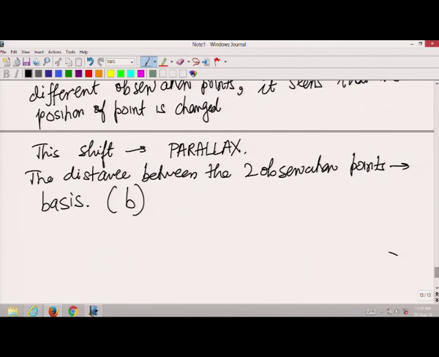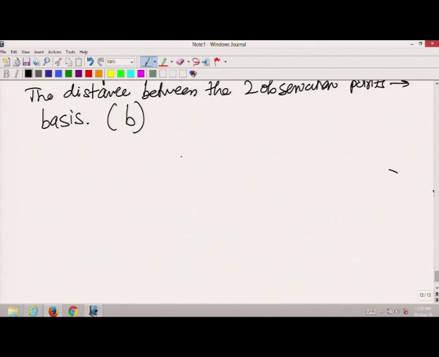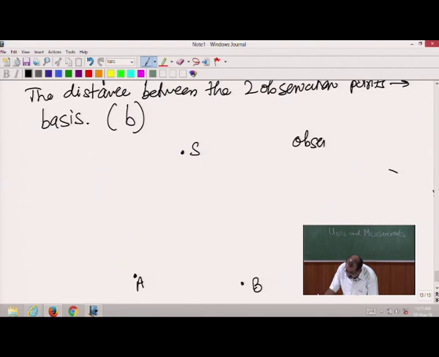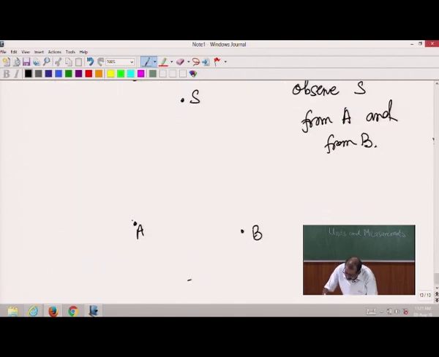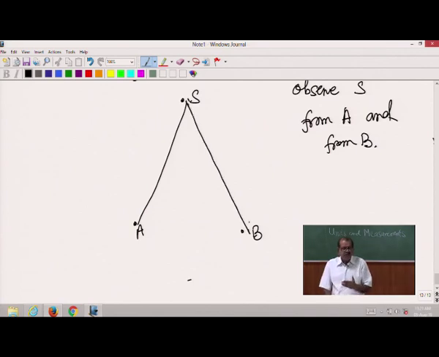Now, if we are observing a point S, we observe the point S from one observation point A, and we observe S from another point B. So, A and B are our two observation points. The object S is very far.